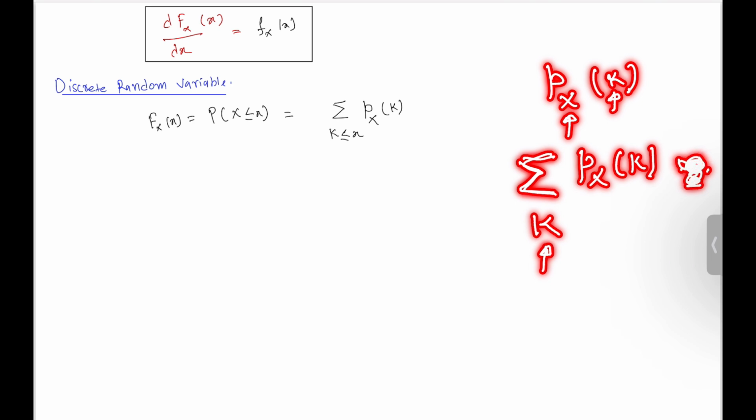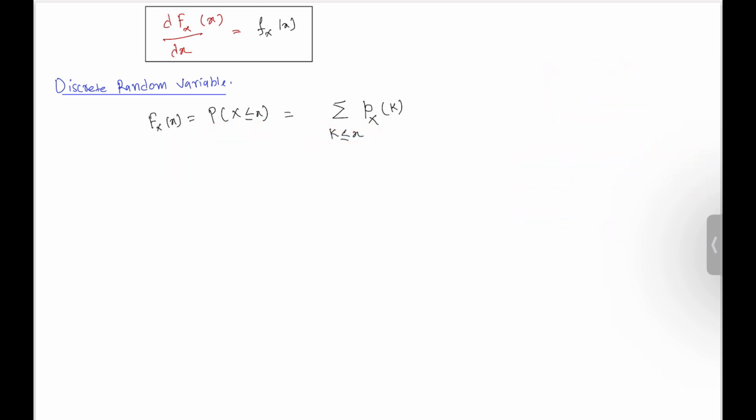But for this cumulative distribution function, as per the definition, you are going to sum the probabilities till x, right? So you will not be summing over all possible values of k; instead you will be summing till x, so k less than or equal to x. That is why the summation will be over k less than or equal to x. I hope this is very much clear to you.